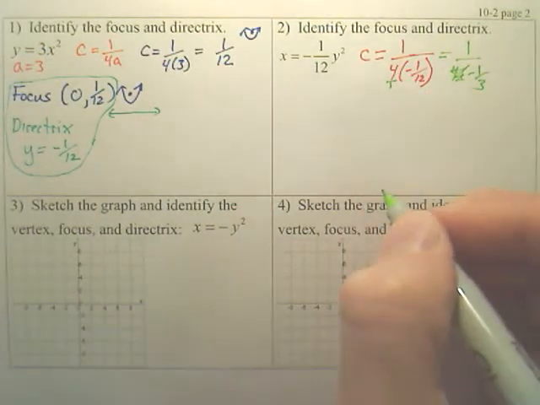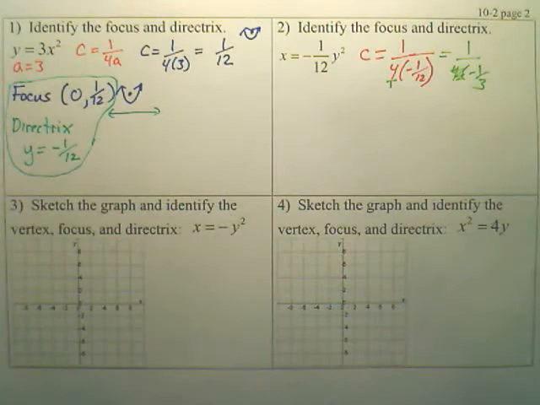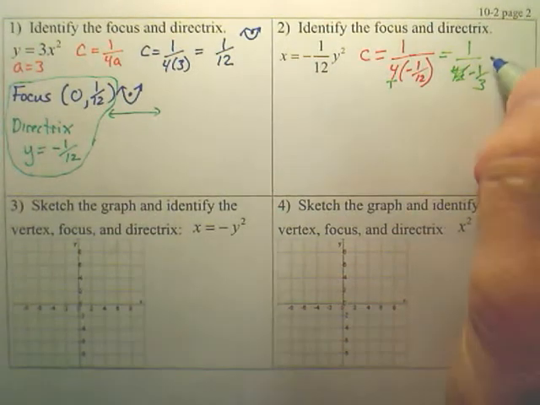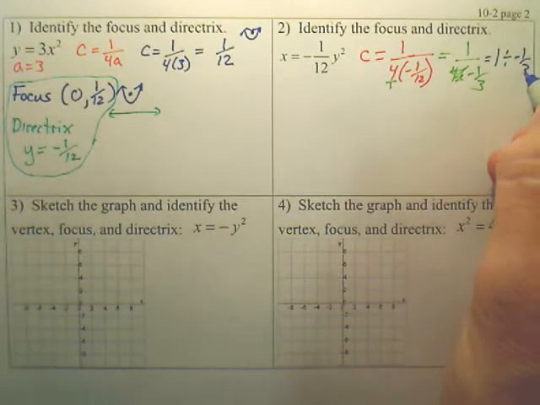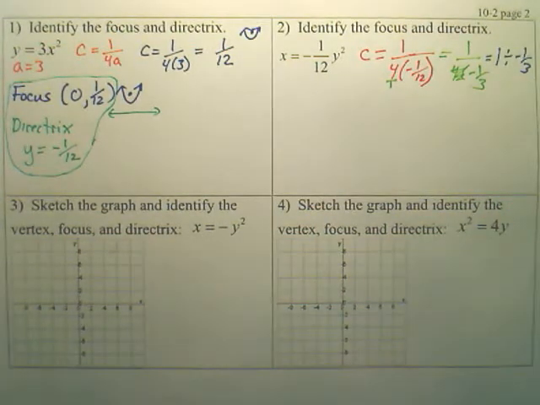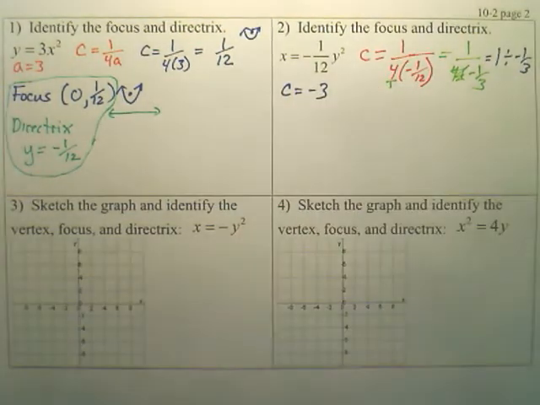I could put a 1 underneath here. That will become 1 divided by negative 1/3, which becomes negative 3. So won't my C value be negative 3?